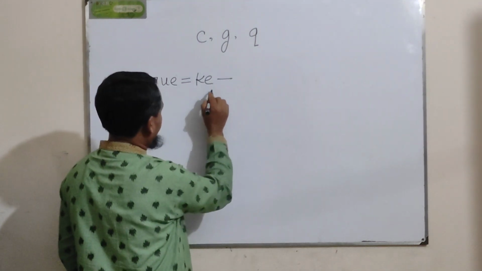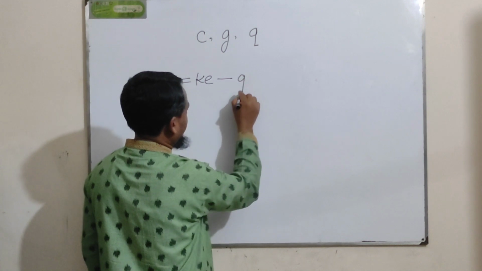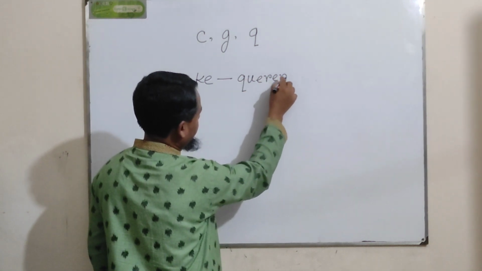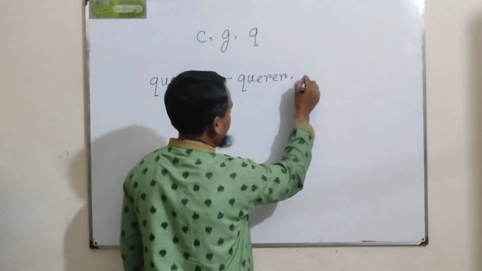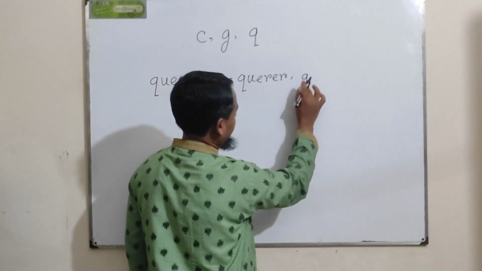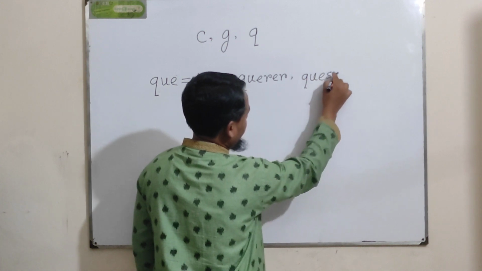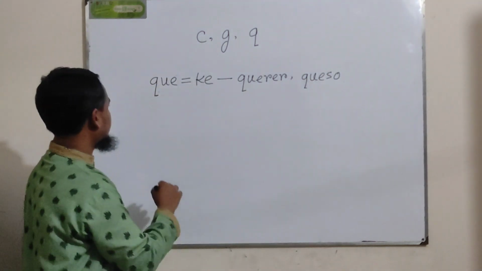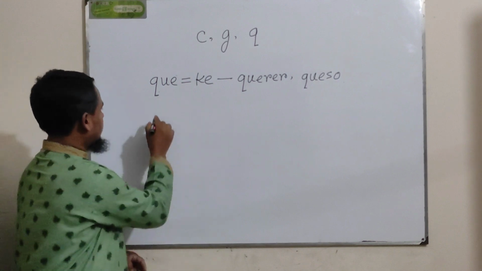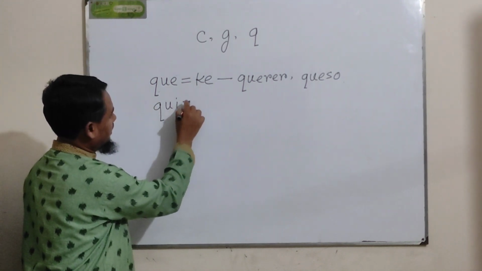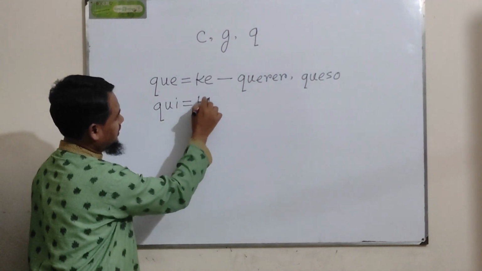K, por ejemplo, querer. Queso. Q after U, E is key.